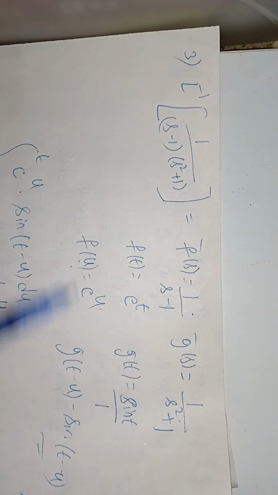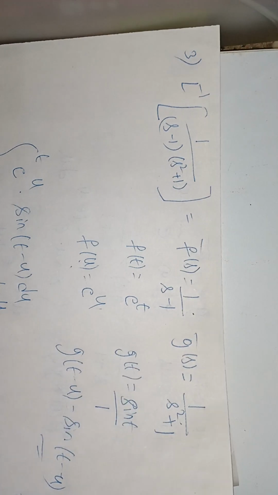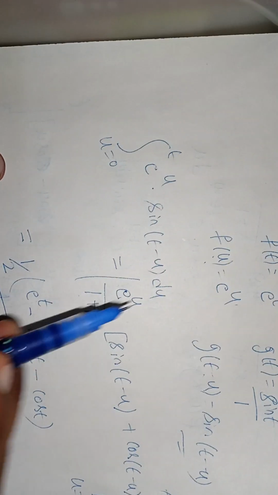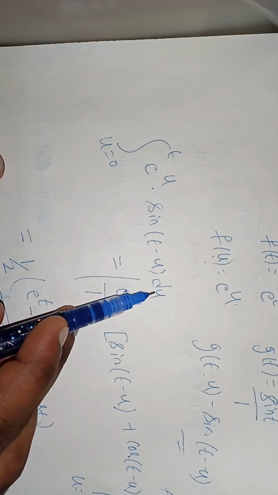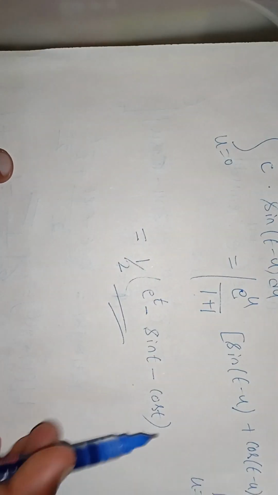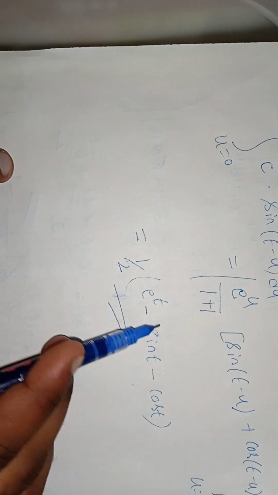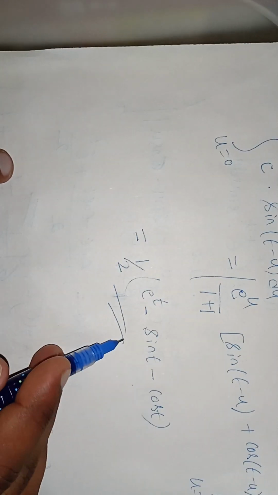Then replace t by u, and g of t by g of t minus u, put it in the integral, but remember the integral is with respect to u only, and at last you will integrate and put the answer in terms of t.